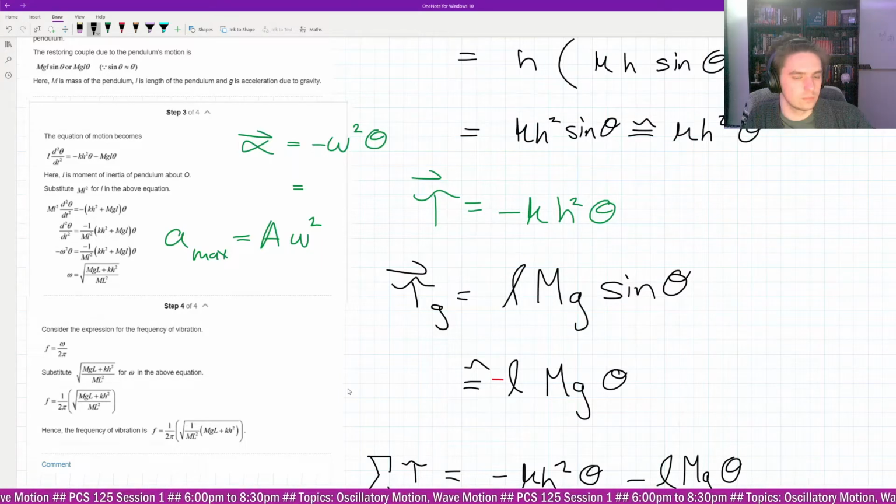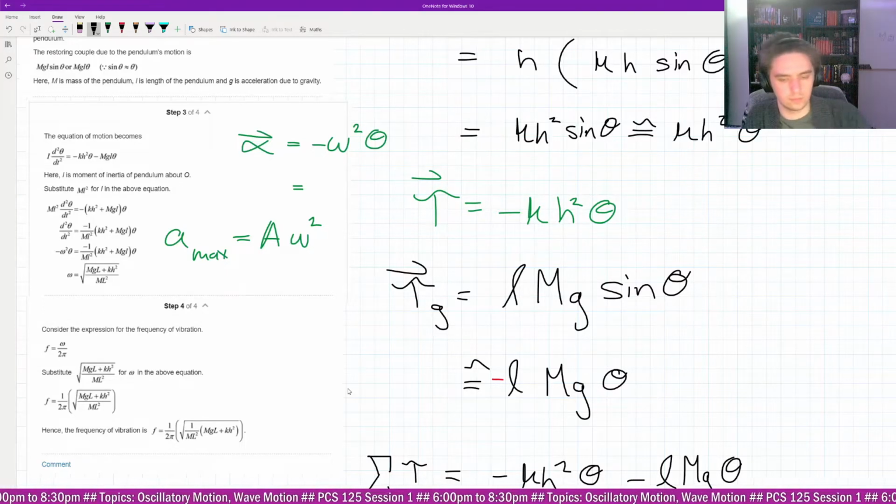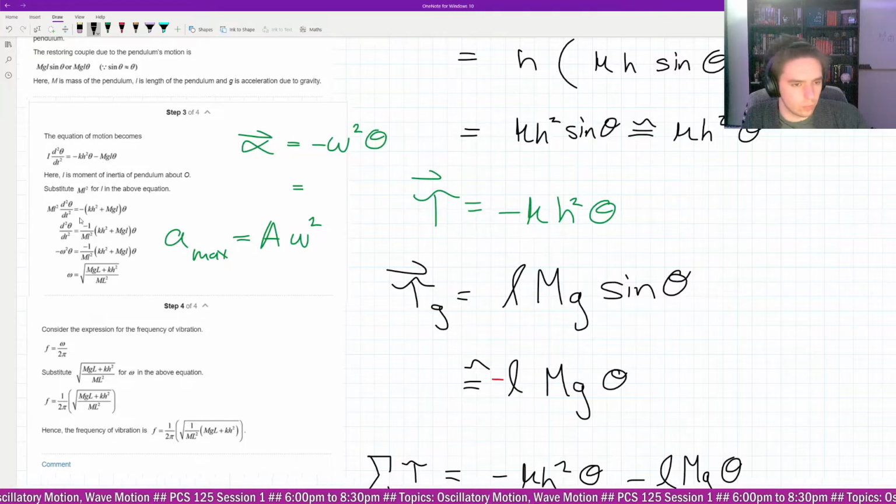So I think it's negative because when we derive the formula for the simple pendulum, you get d squared theta by dt squared equals minus g divided by l sine theta. And you take that g divided by l as omega squared, so it's minus omega squared sine theta, and theta is a small angular approximation, so that becomes minus omega squared theta.